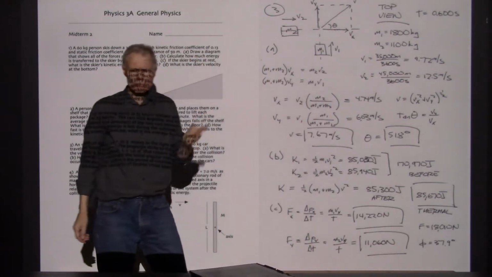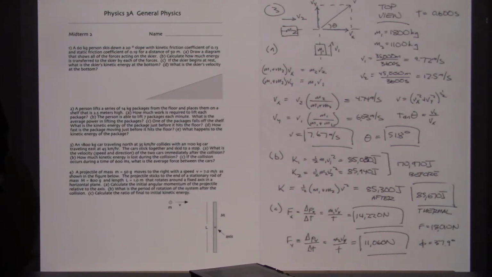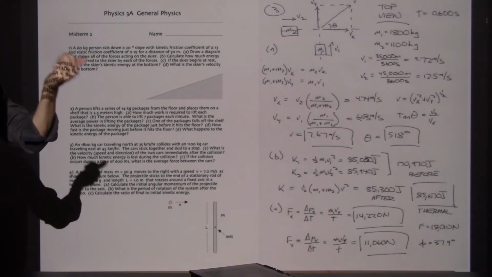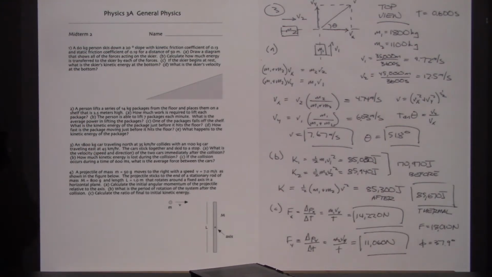So the problem's two-dimensional, but the good news is that because one of the two objects coming into the collision has exclusively x momentum and the other has exclusively y momentum, it's simplifying our formulas.